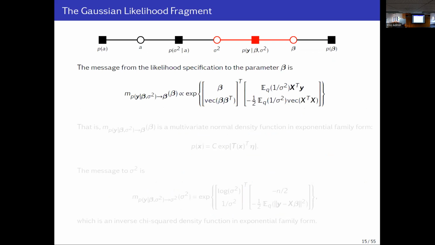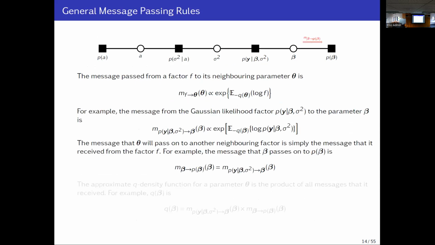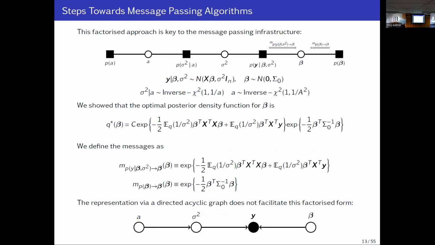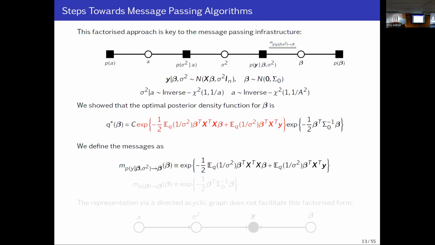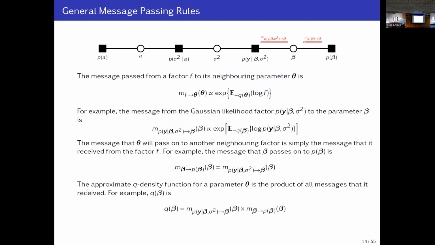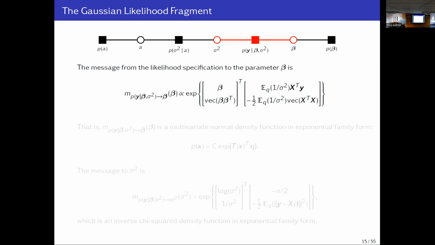It turns out, and we'll go into this in a bit more detail soon, that you can factorize the message. Actually, let's look at this message here from the likelihood specification to the vector beta. You can summarize it, if you go through the algebra, into this form here. So you get the betas together, you put them into a vector, and you form the other vector accordingly.